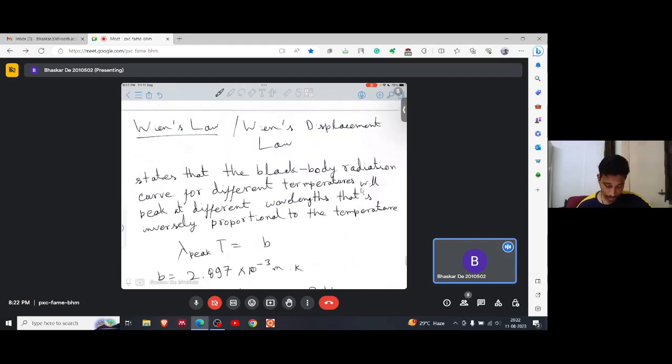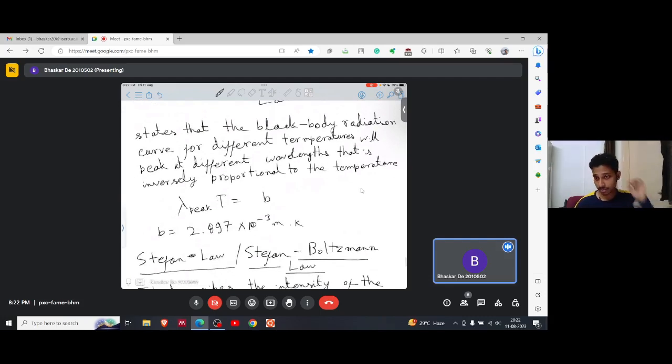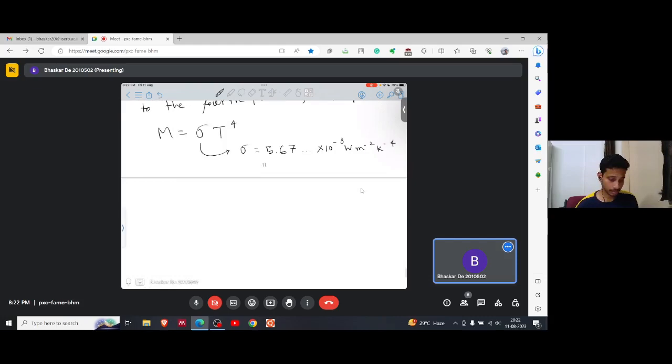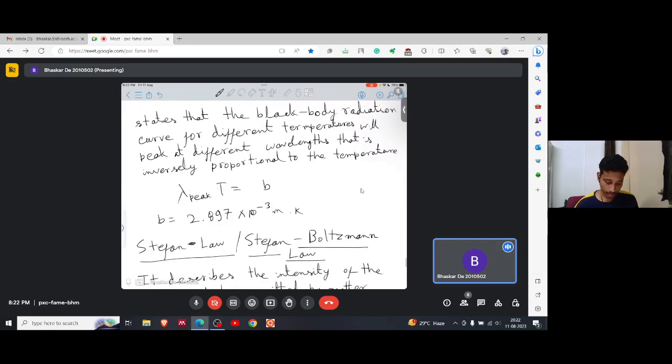Now a very interesting application of this Wien's law is that there is a temperature, and that temperature will correspond to a peak wavelength.